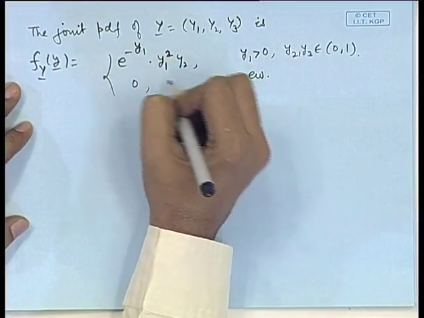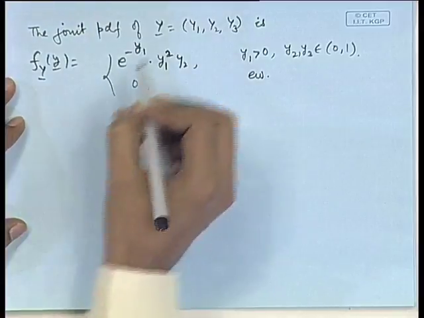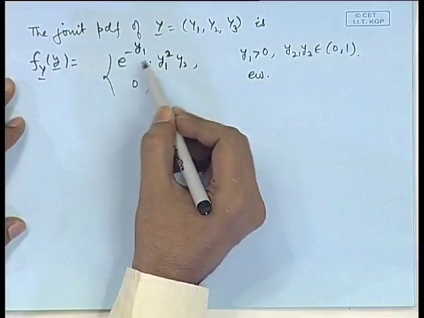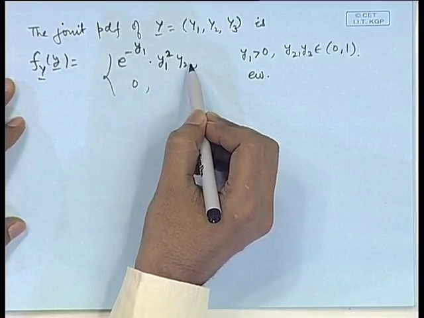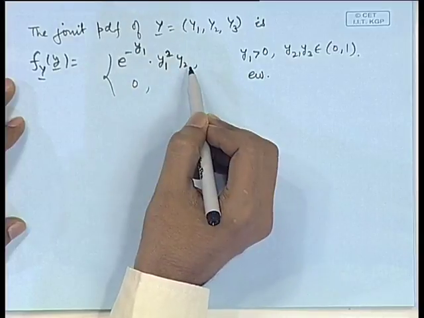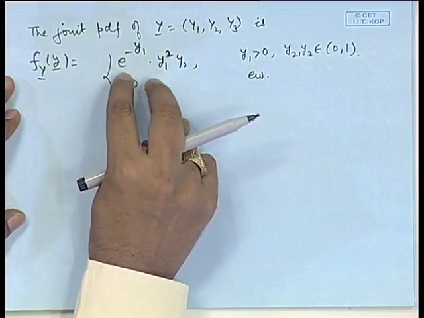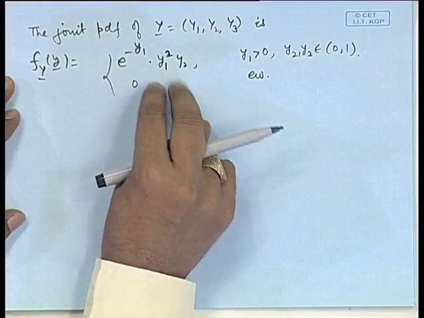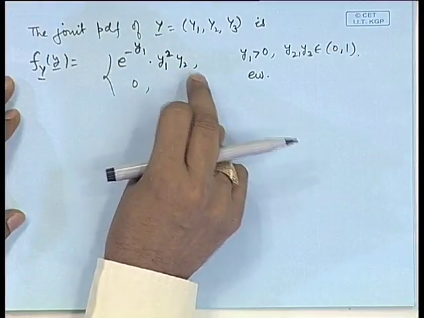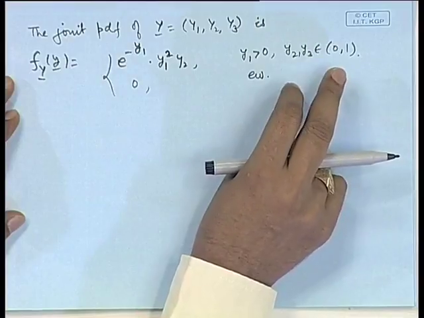In order to get the marginal distributions, we notice here that if we integrate with respect to y 3 from 0 to 1, we get the same term. And therefore, if we integrate this with respect to y 1, y 2, it should give the density of y 3 as 1 on the interval 0 to 1.